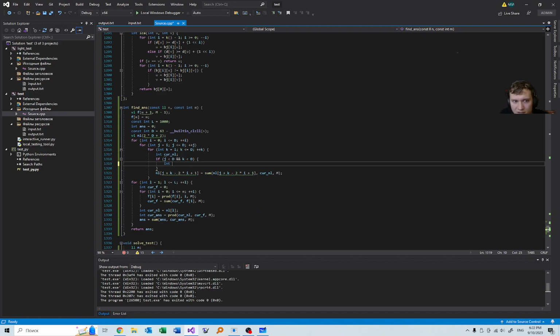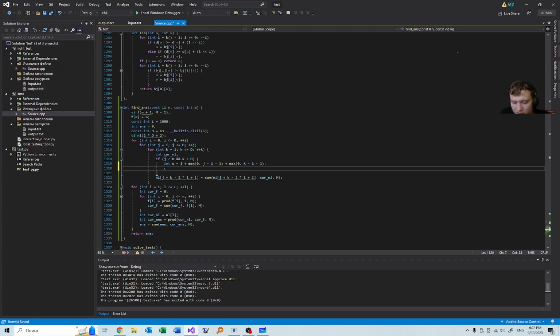So we say int q equals i plus maximum of 0 and j minus i minus 1 plus maximum of 0 and k minus i minus 1. And we say that par and L equals power of 2 of q.